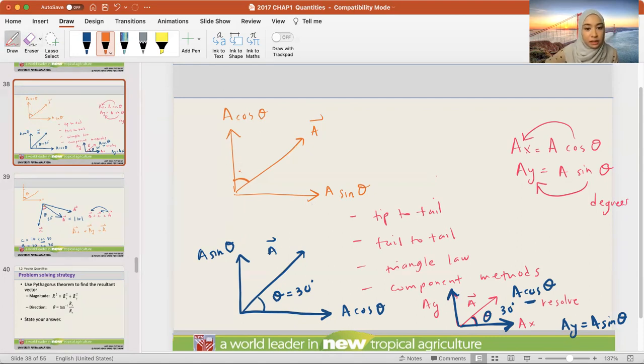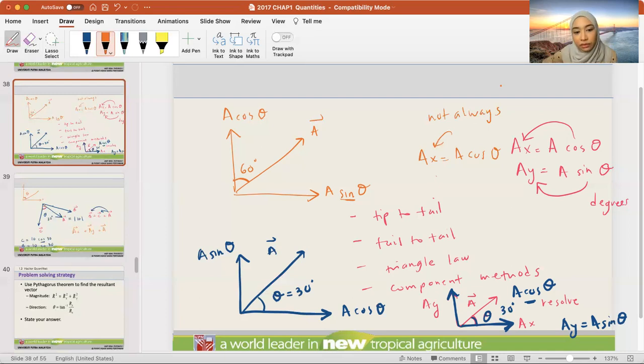Okay, so 60 degrees. If my Y touches the angle, it gets the cosine equation. Something that does not touch the angle gets the sine equation. So when I told you AX is always A cosine theta, it's not always the case. It depends on where your angle is.